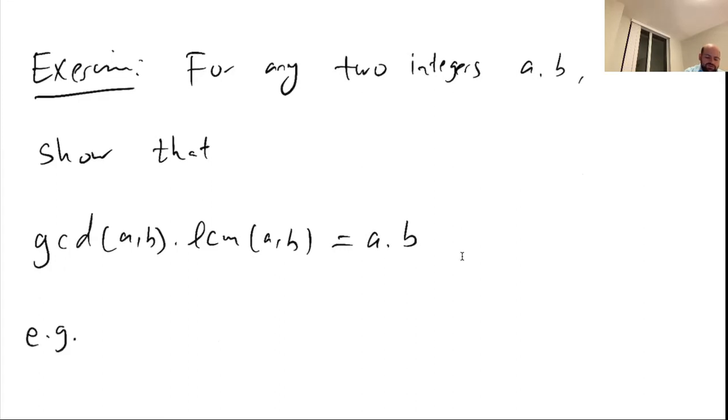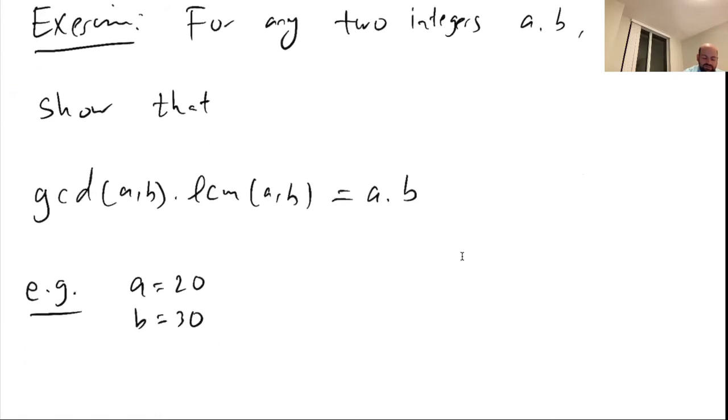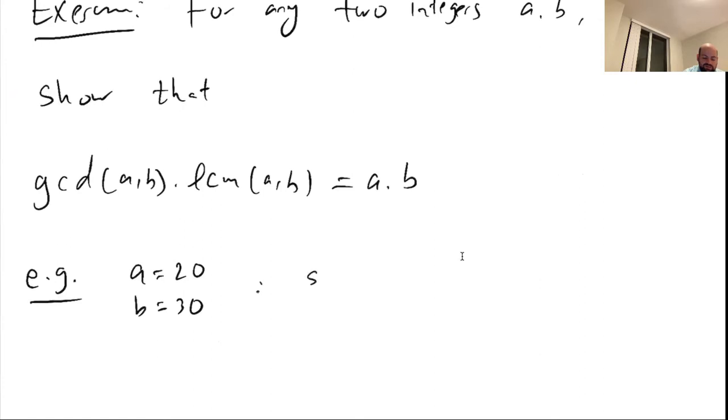So for example, if A is again equal to the example that we looked at before, A was 20, B was 30. And we saw that the GCD was 10, the LCM was 60.